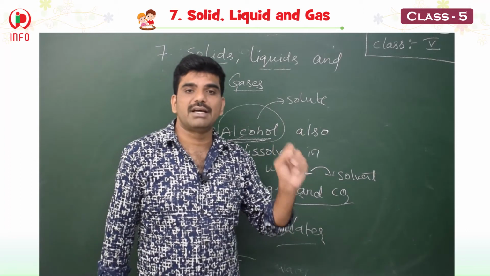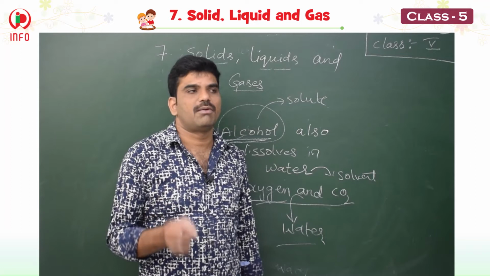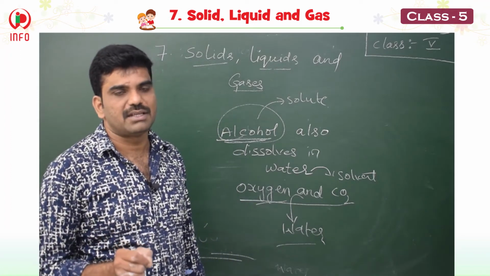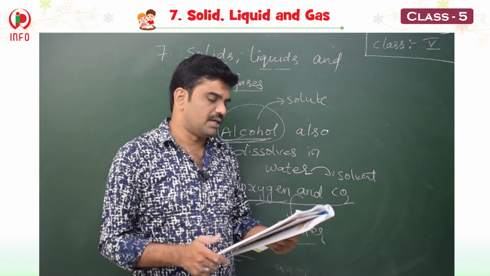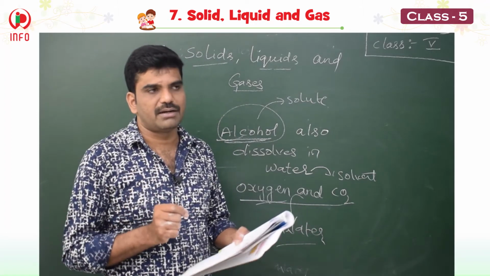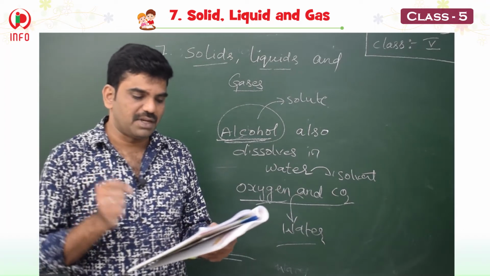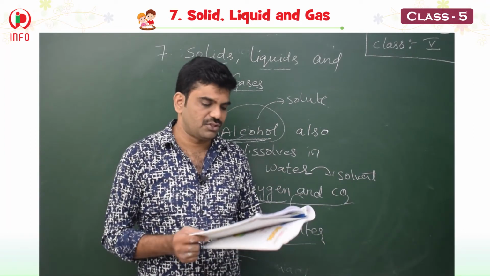Sugar occupies the intermolecular space between the liquid, that is the water. So here the sugar is the solute, the water is the solvent, and the substance we get after mixing the sugar and water is sugar solution.